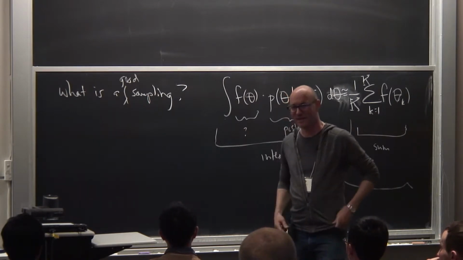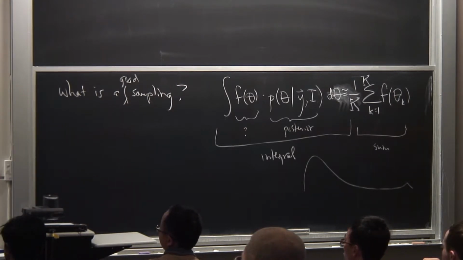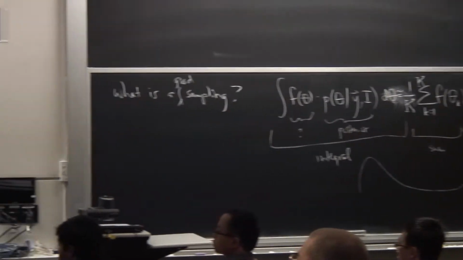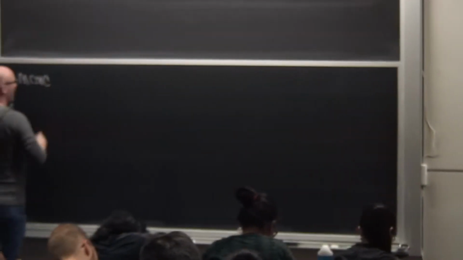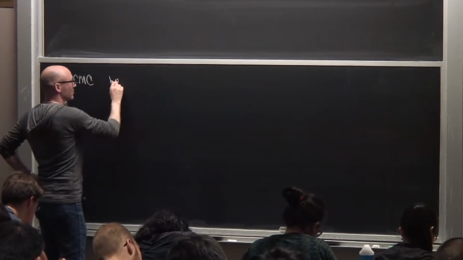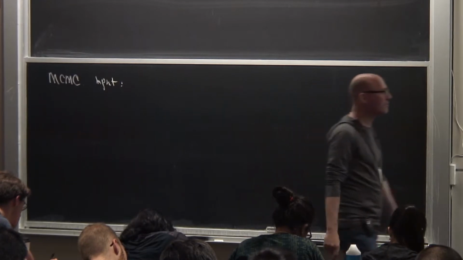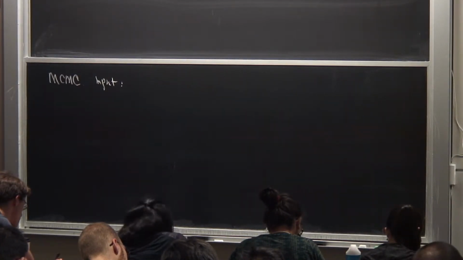Shall we? Okay, good. So MCMC is a tool for generating this sampling. The input is any function proportional to this.